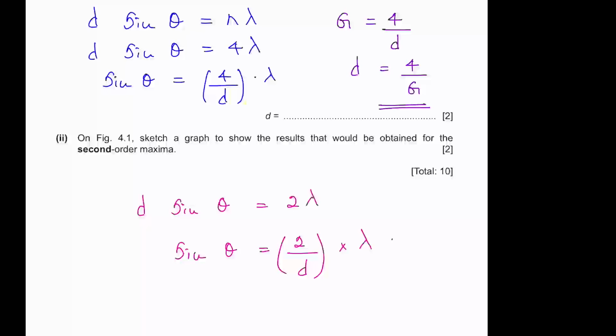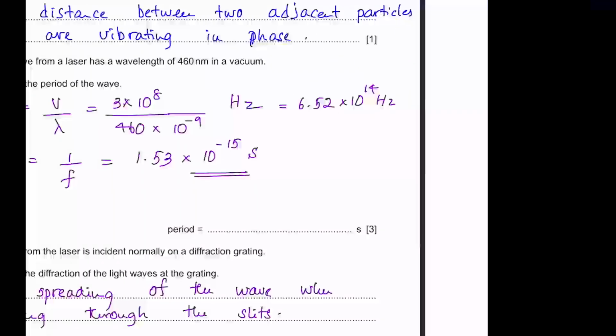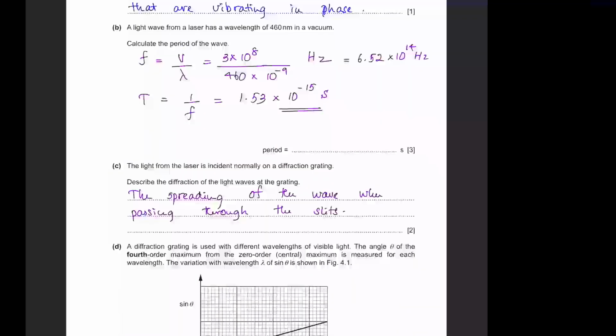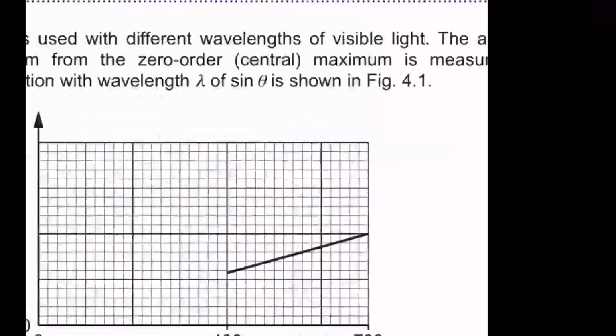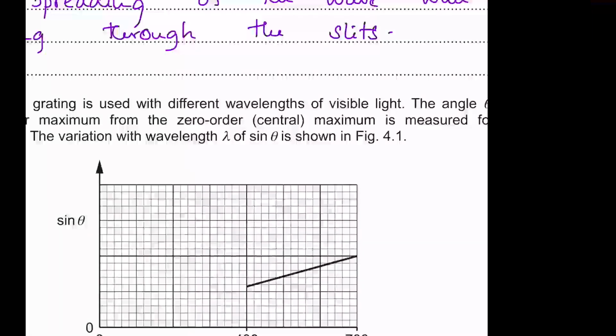Earlier the gradient was 4 over d. Now the gradient is 2 over d, which means the gradient is becoming half. So draw a line with half the gradient. For every lambda value, the sine theta value will become half.